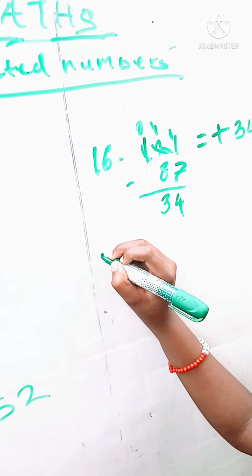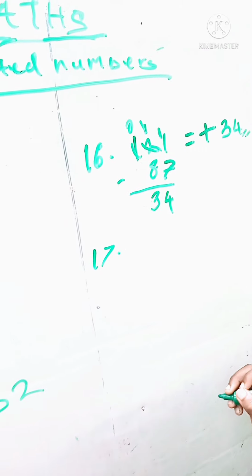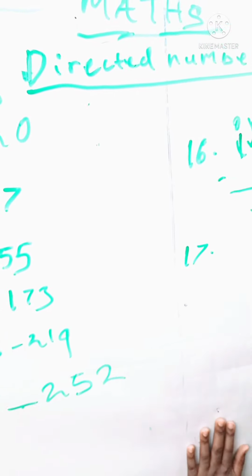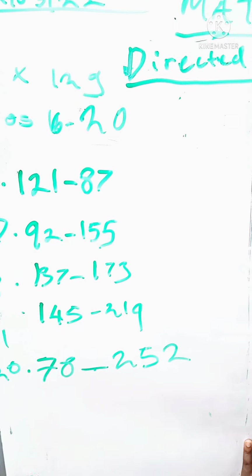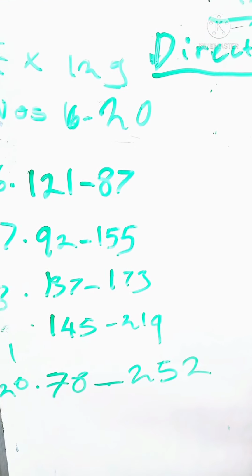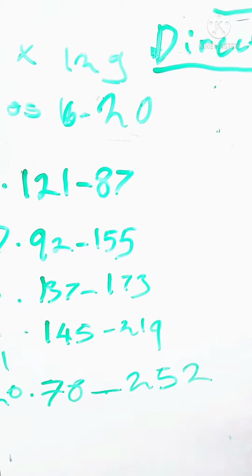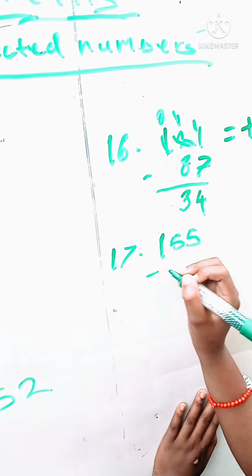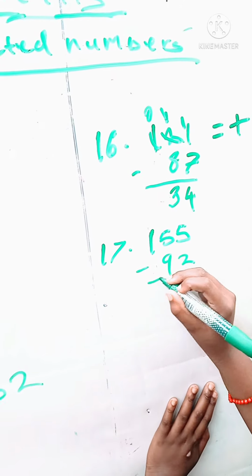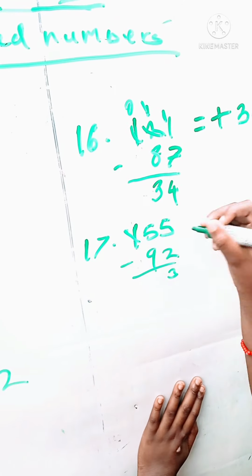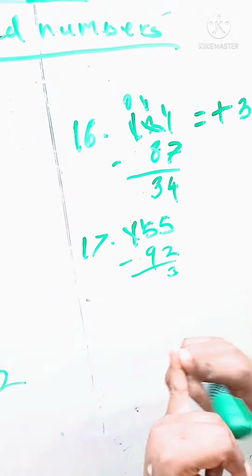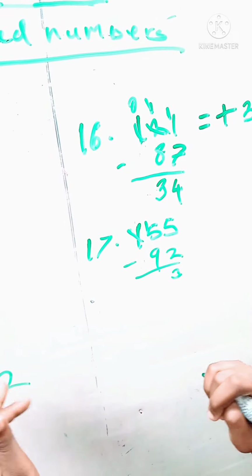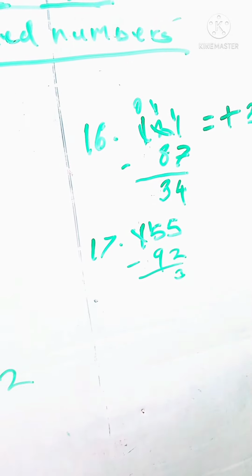Number 17 will be 92 minus 155. So we have to find the difference between both of them. 155 minus 92. 5 minus 2 is 3. 5 minus 9 is not possible, so we borrow 1 here. 15, 14, 13, 12, 11, 10, 9, 8, 7, 6.